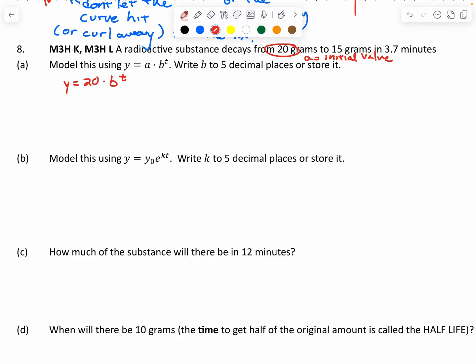And then we plug in the numbers that we know for Y and T, 15 grams, and solve for B, 3.7 minutes. You get rid of the 3.7th power by doing the 3.7th root.